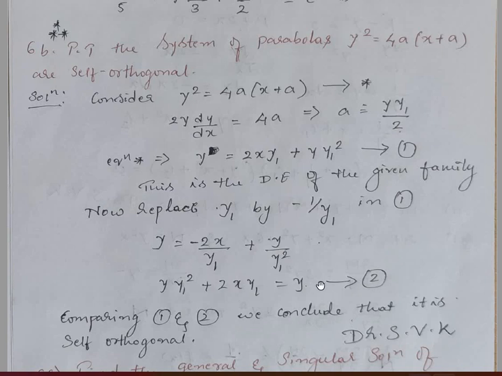Now comparing this equation with equation 1, left hand side is nothing but right hand side, and right hand side is nothing but left hand side. Therefore I can say that as both the differential equations are one and the same, we conclude that the result is self-orthogonal.